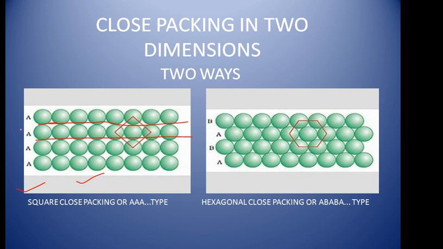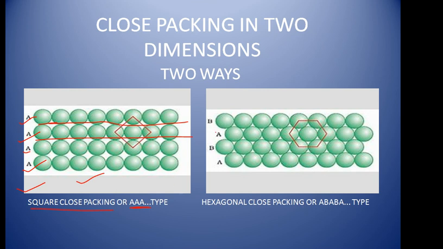As all the lines are similar, you can consider this as AAA type. AAA type means all the lines are equal, and this gives you square close packing.